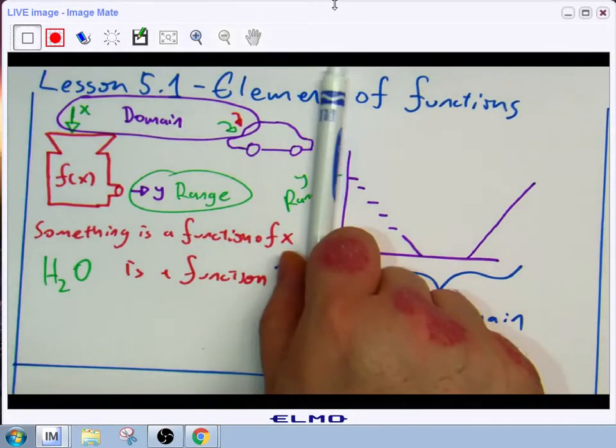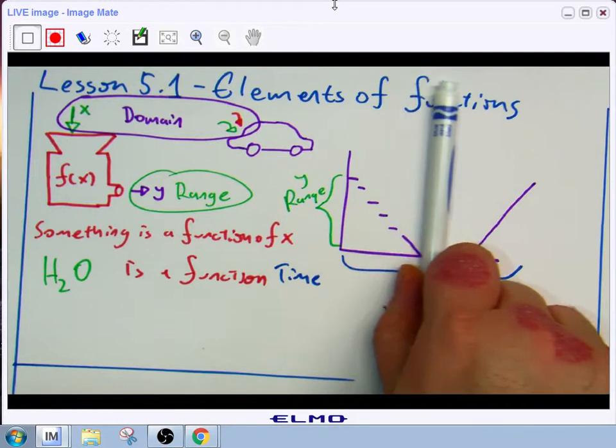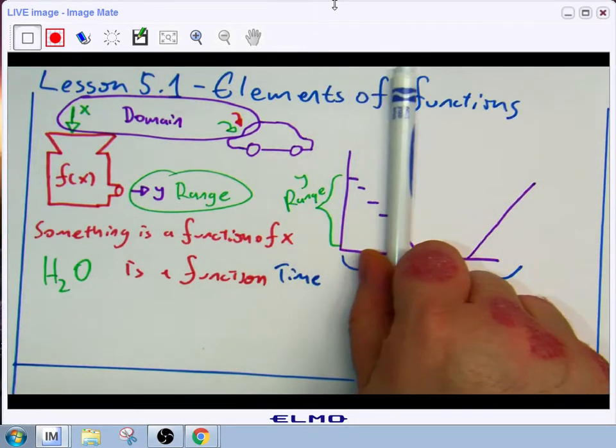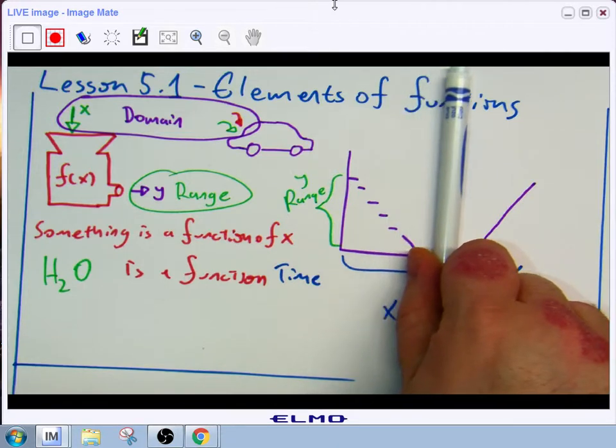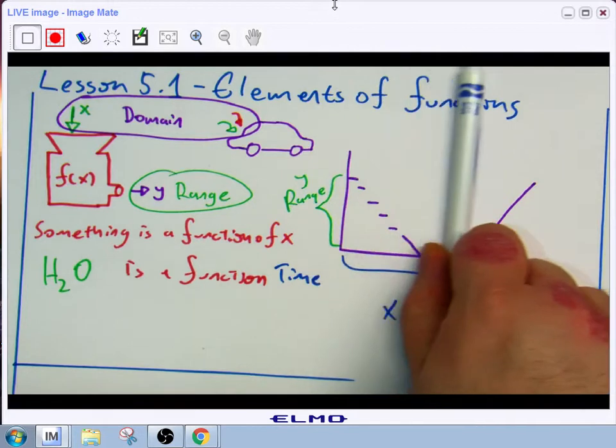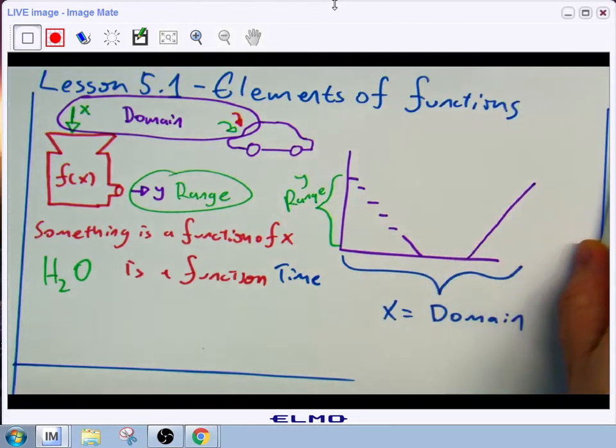We call this the vertical line test. If you can take your pen and slide it across a graph and it never touches the same point twice, we say that it passes the vertical line test and thus is a function.